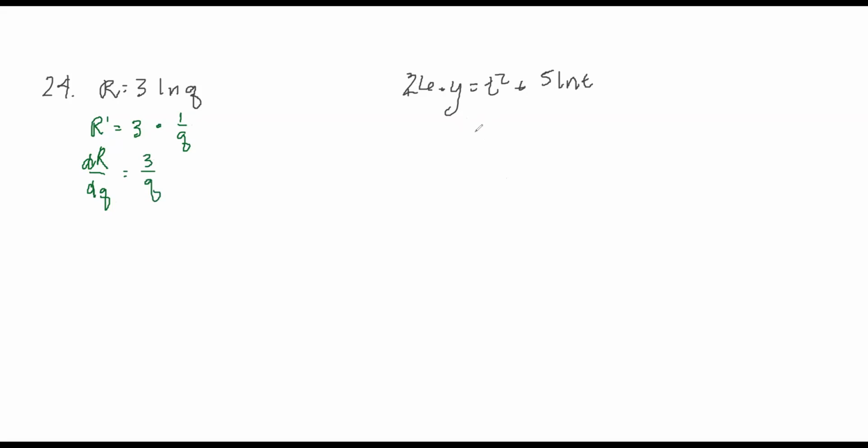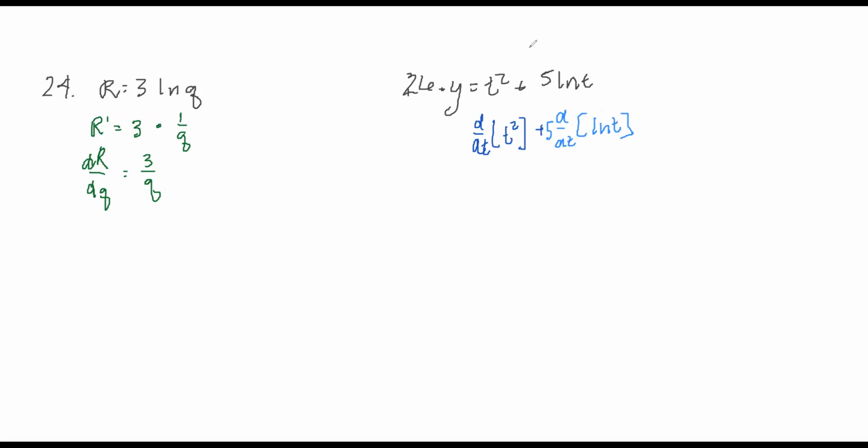And then over here, we have y is equal to t squared plus 5 ln t. This is going to be the derivative of t squared plus the derivative of 5 times the derivative of ln t. Again, 5 is a constant. We're not taking the derivative of that.